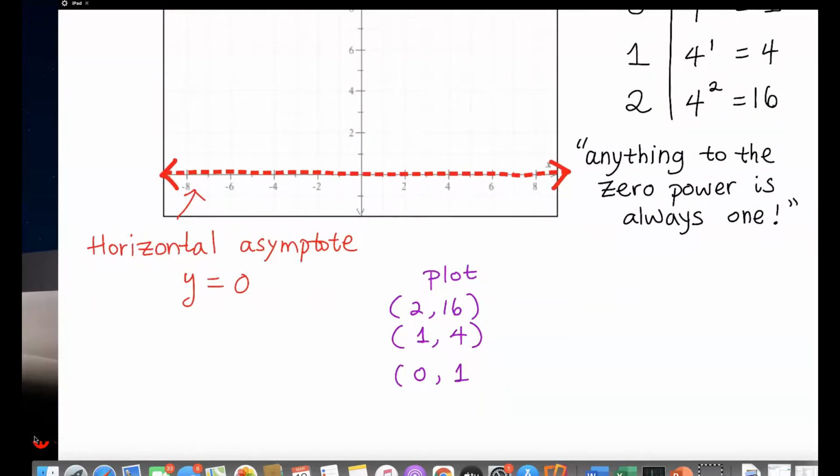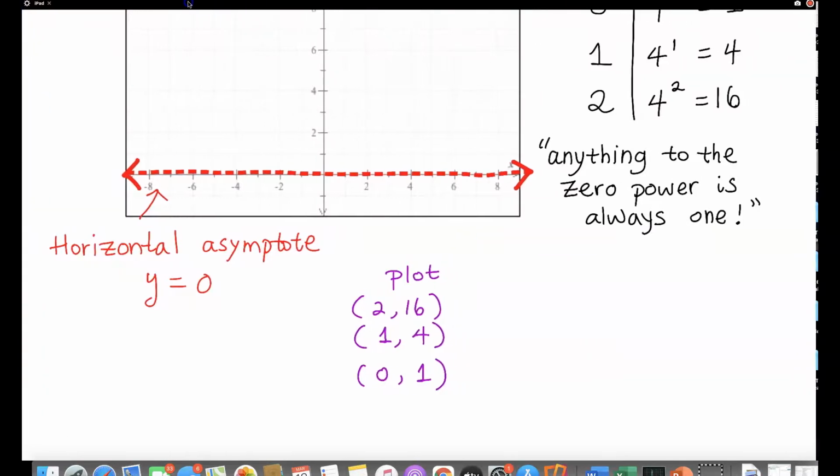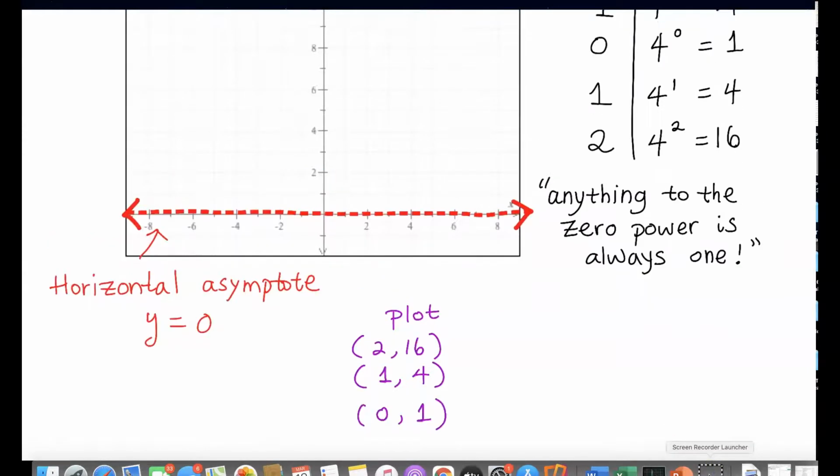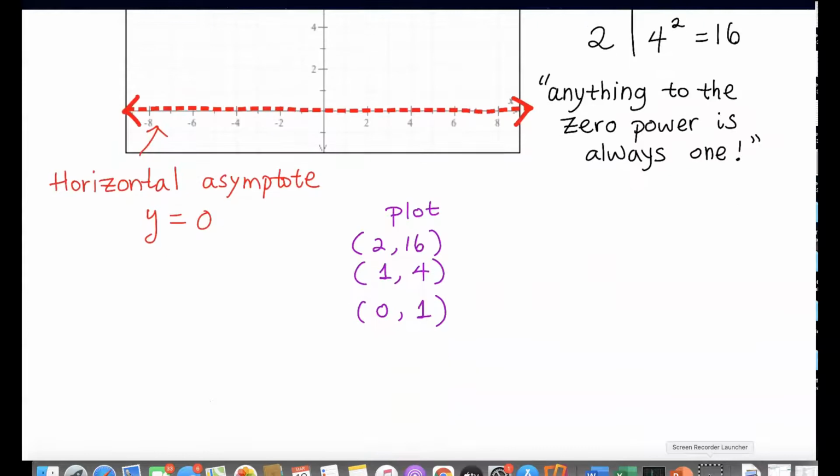See, these were nice points, weren't they? They were the nicer points. Then we have some bad ones like negative 1, 1/4, and the last one was negative 2, 1 over 16.